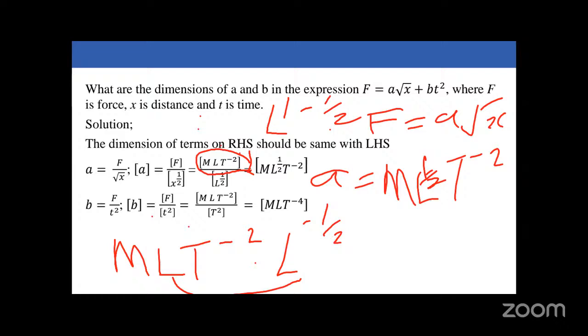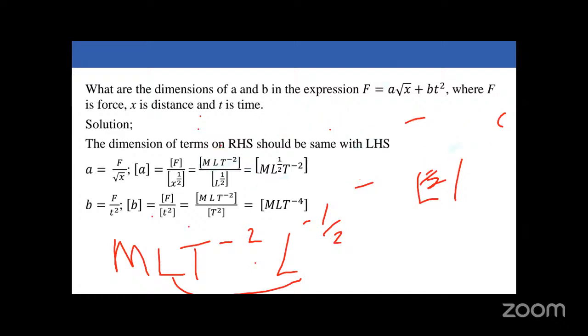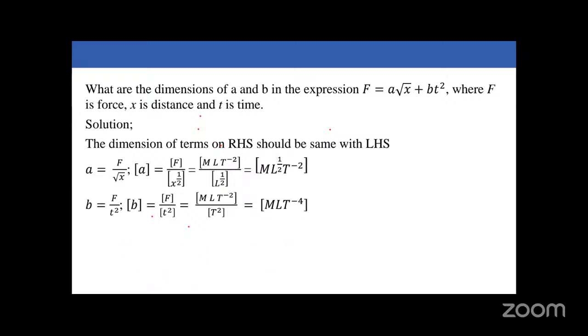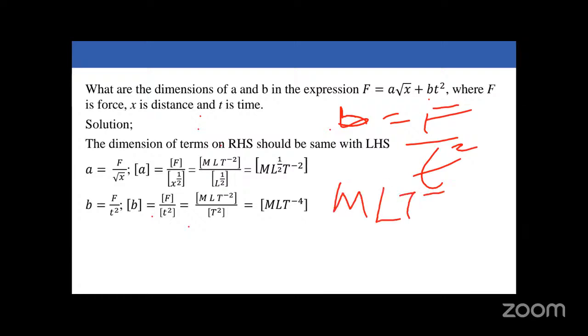Now, how do we find B? In a similar way we can find B. From this equation, B is equal to F over T squared. So F is MLT raised to minus 2 over T squared.